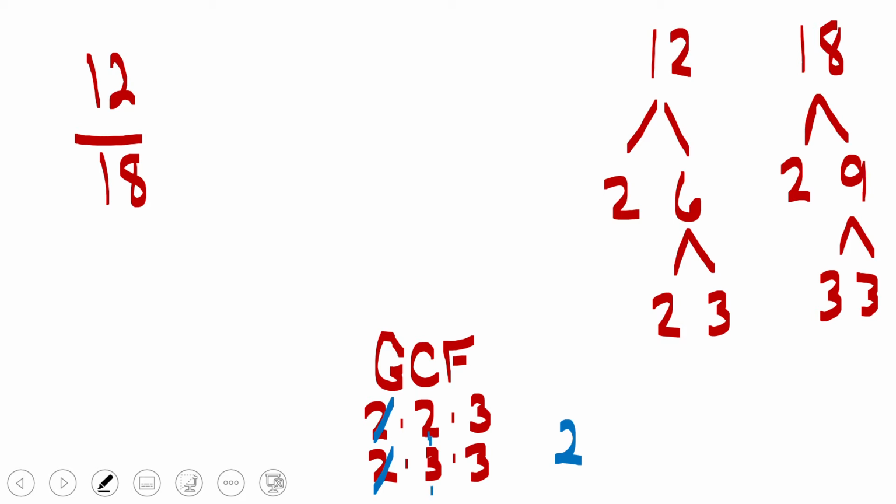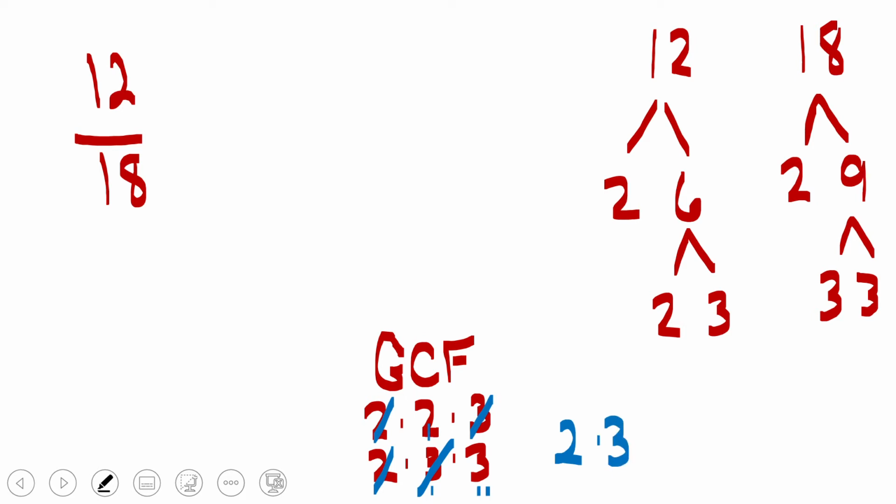The other 2 doesn't have a matching number in the factorization of 18 from 12, so we can't utilize that value, but 3 has a matching one, and there's an odd 3 left over.